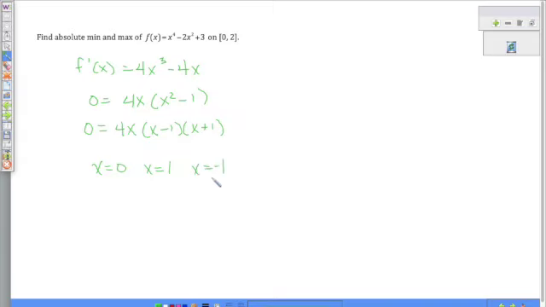So what I'm going to check now, and I hope that some of them are not on the interval because I don't want to plug all these in, is from 0 to 2. So 0 is one of the endpoints and is on the interval. Negative 1 is not. So I have to find f of 0, f of 1, and f of 2. F of 0 is 3.